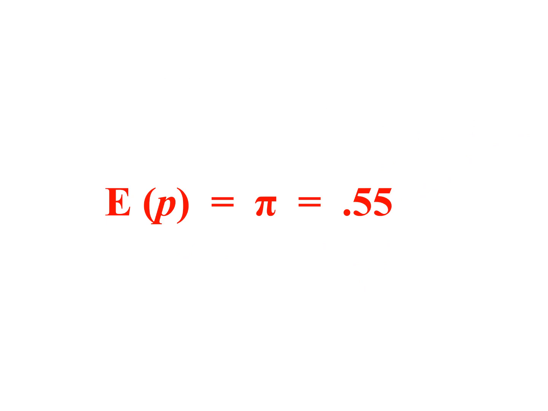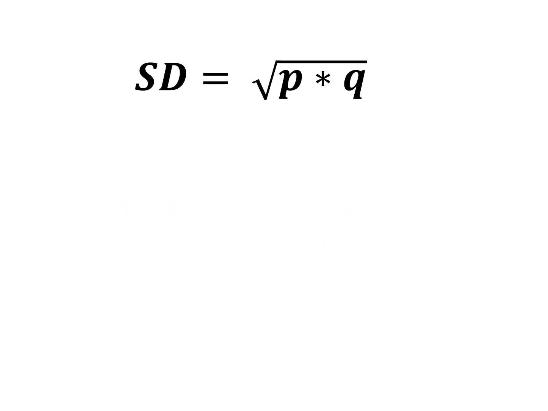So we know that pi is equal to 0.55, and we're going to use pi in order to calculate the standard deviation. Remember that the standard deviation for p is equal to the square root of p times q. So in order to calculate the standard deviation of the population, we're going to use the square root of pi times q.